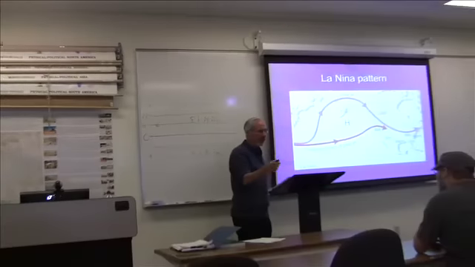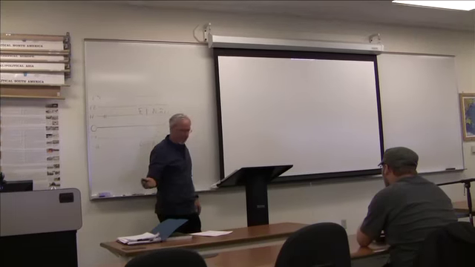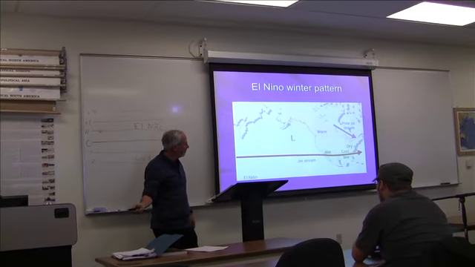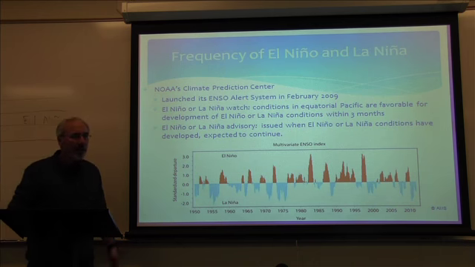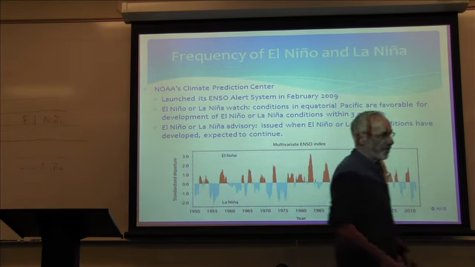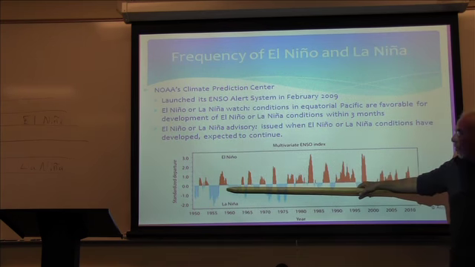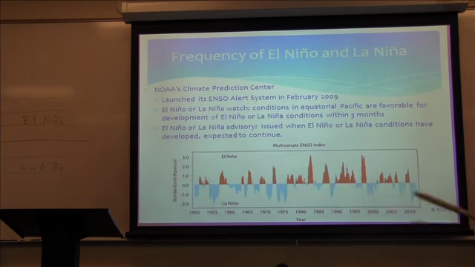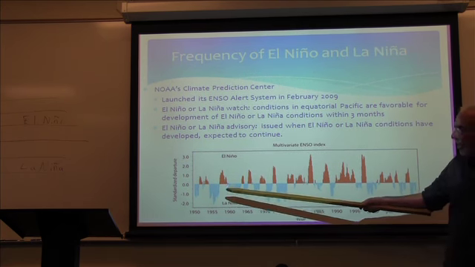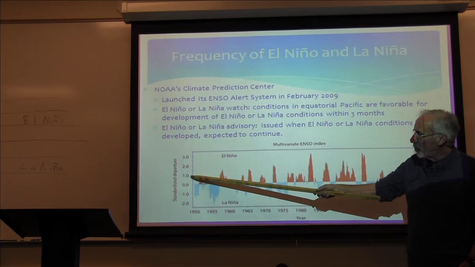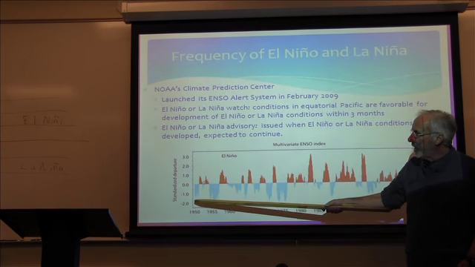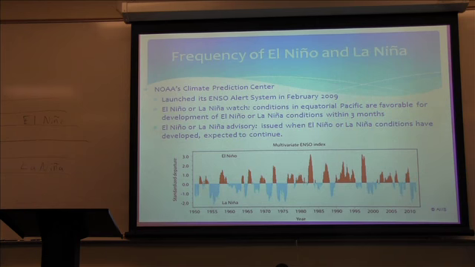So let's get to your question. Okay. This is a graphic going back to 1950 of just exactly what I've put on the board. The 0 degree line is normal ocean sea surface temperature out in the Pacific. You can see departures from normal over here, +1 Celsius, +2, +3, -1, -2 Celsius over here.